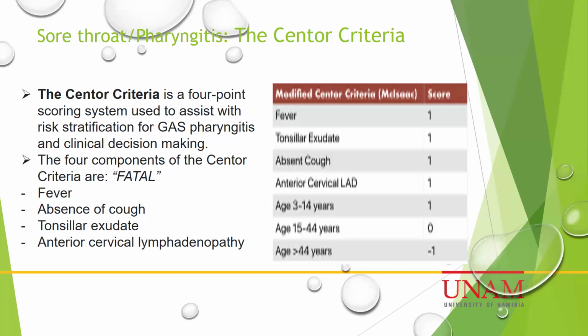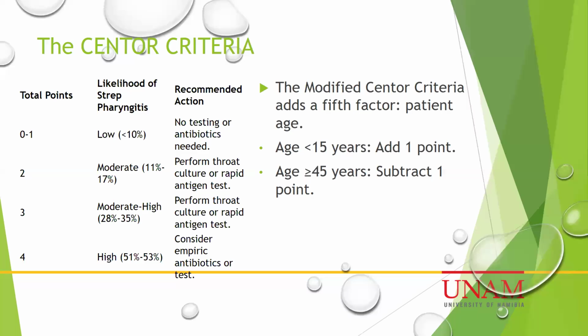So less than 15 years, you give 1 point. Between 15 and 44 years, you give 0, and any age above 44, you subtract 1 from the points. All right, so the Centor criteria is used for clinical decision. All right, so this is what we have here.